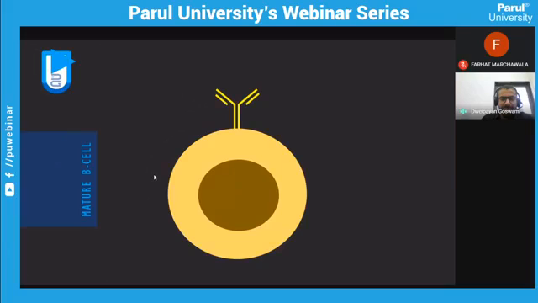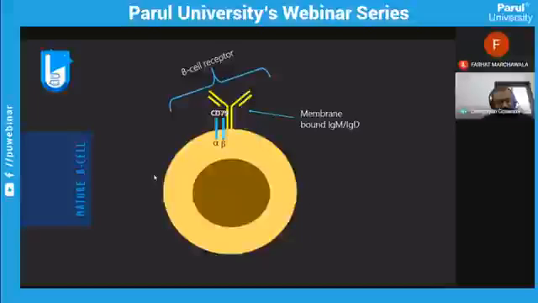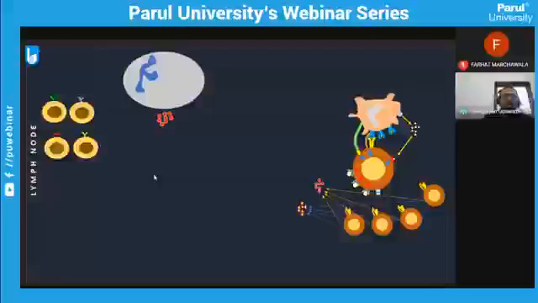So we have membrane bound immunoglobulin. This can be immunoglobulin M or D. The immunoglobulin molecule binds with the antigens. Okay, so now what will happen?